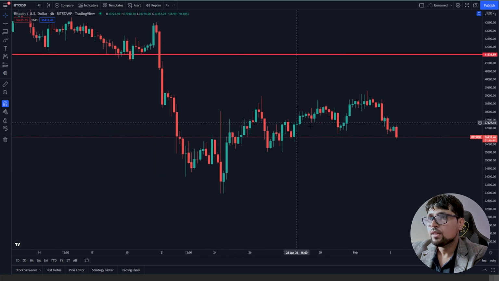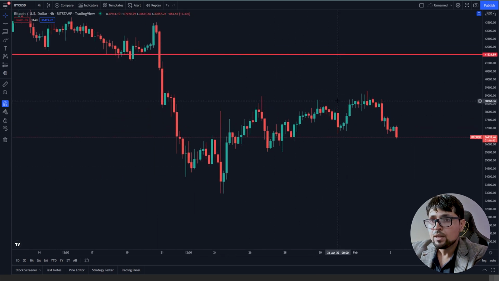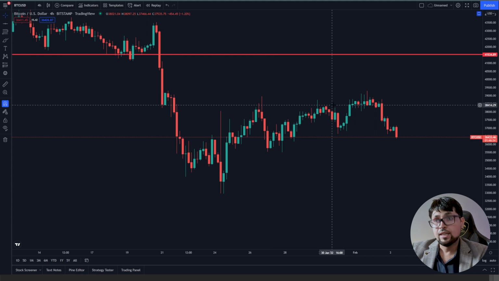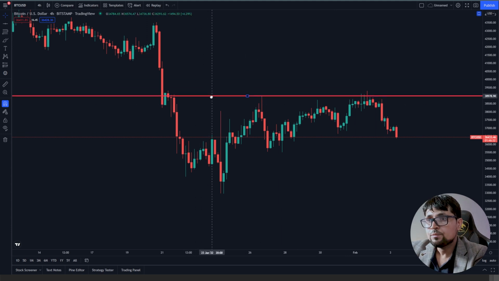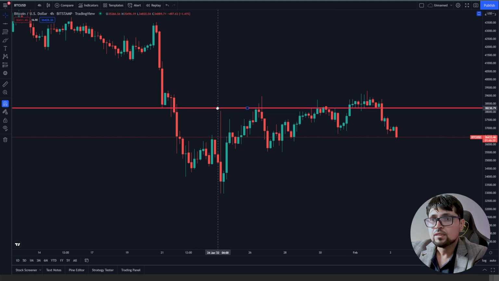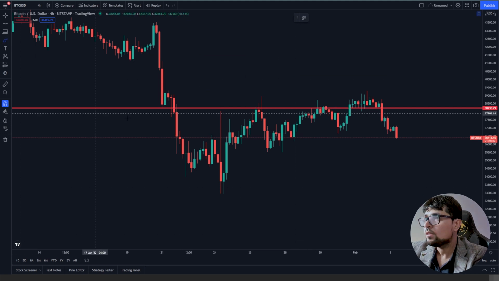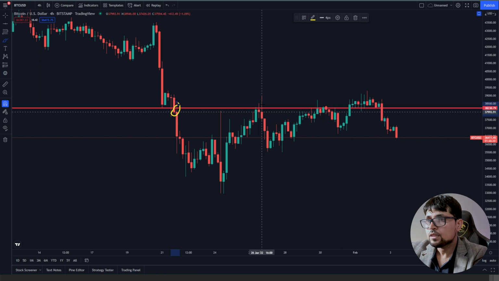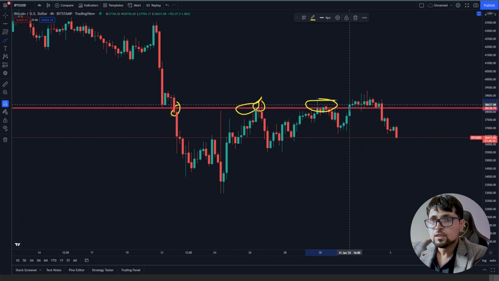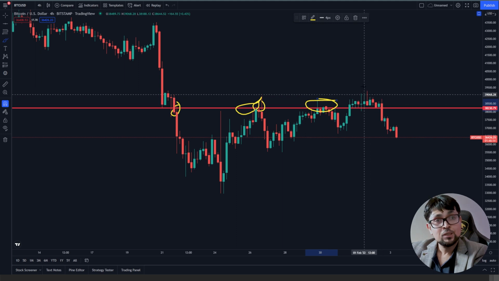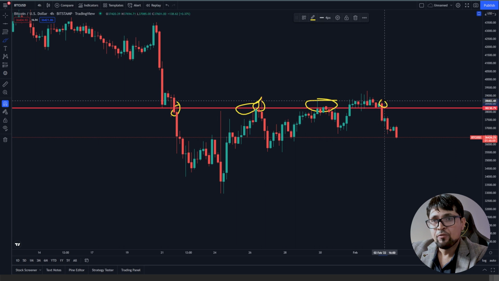Okay, so where you have multiple touches and the price is going back down again, let's see which exact place that is. This is the place. You can see multiple touches here, it has gone through it, so that was a fake breakout and it went back down.